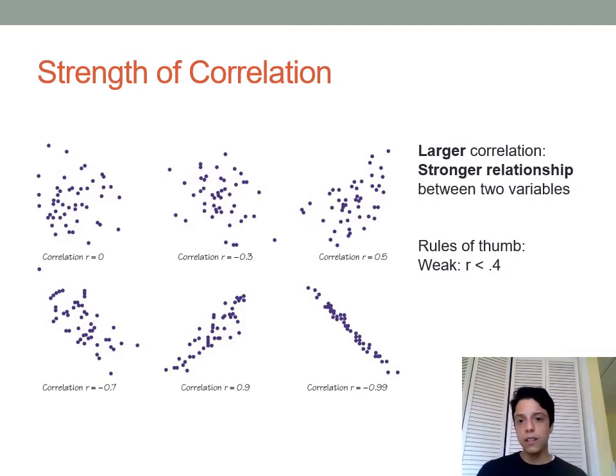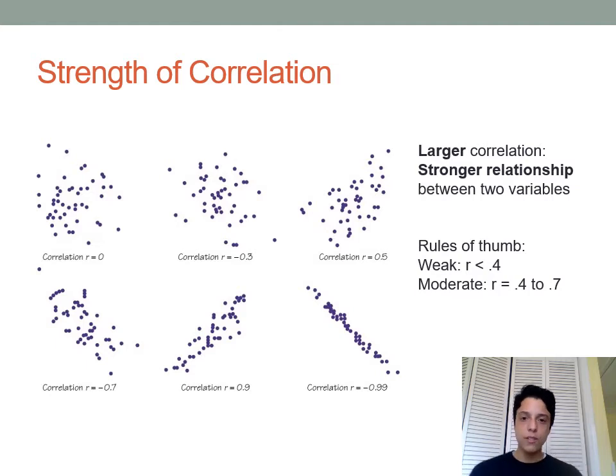The stronger the correlation gets, as you get into moderate correlations, like the one on the top right of 0.5, the one on the bottom left of negative 0.7, you can see that the relationship between the variables starts to look more like a line. Still kind of a blob, but closer to a line. Blob and line are the technical terms. No, they're not.